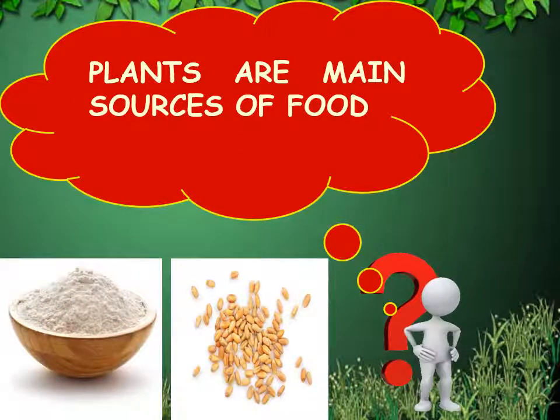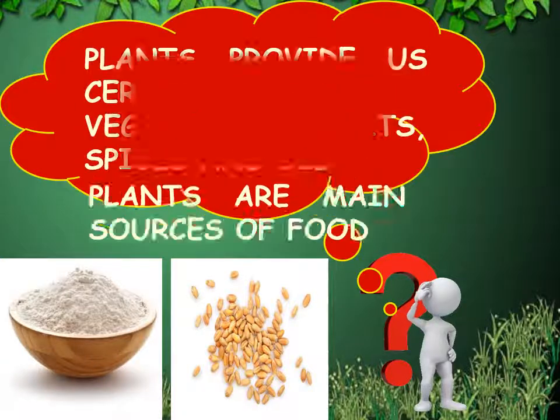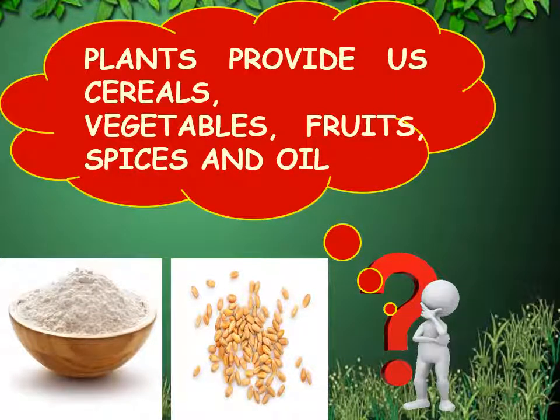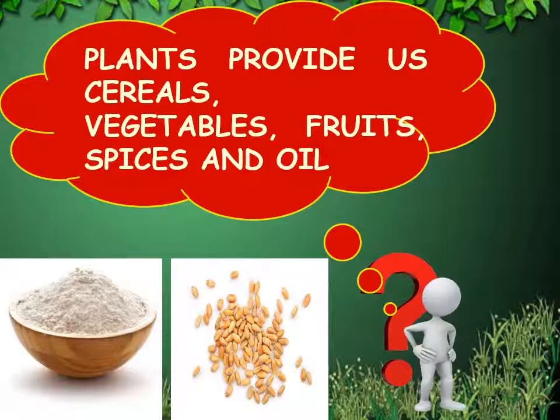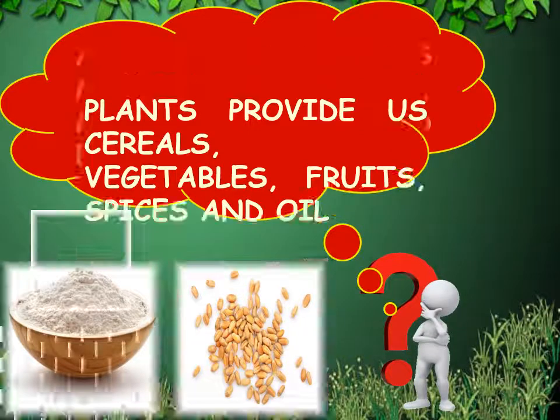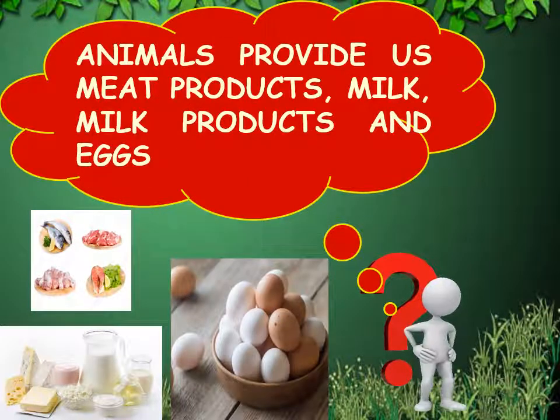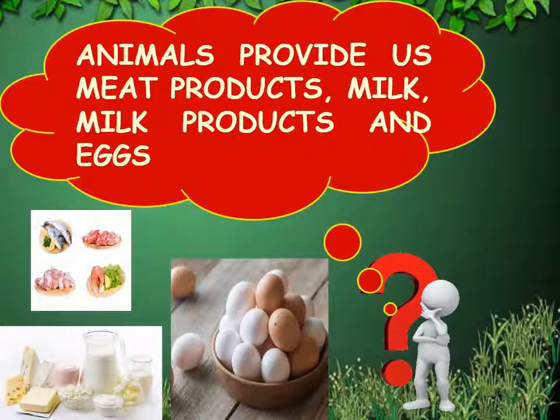Plants are main sources of food. Plants provide us cereals, vegetables, fruits, spices and oil. Animals provide us meat products, milk products and eggs.